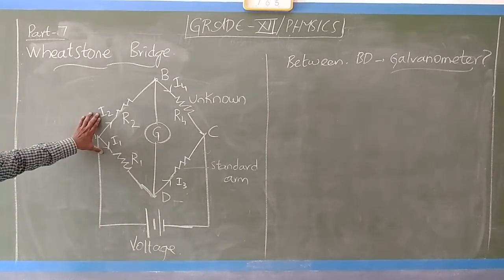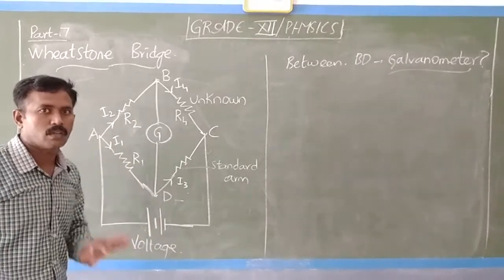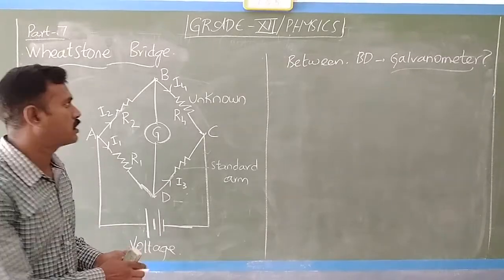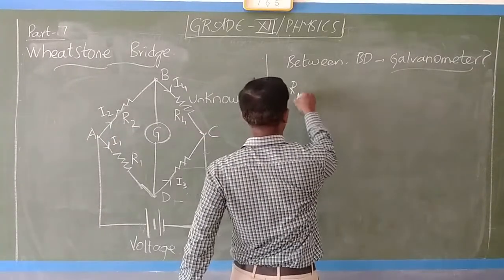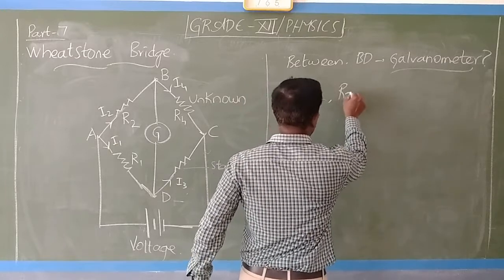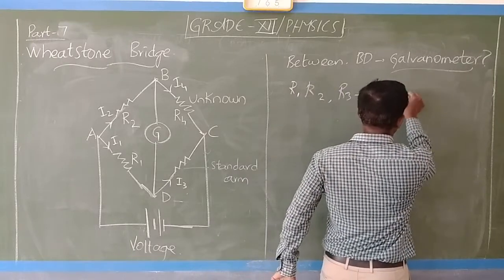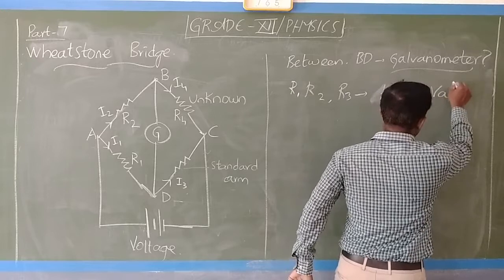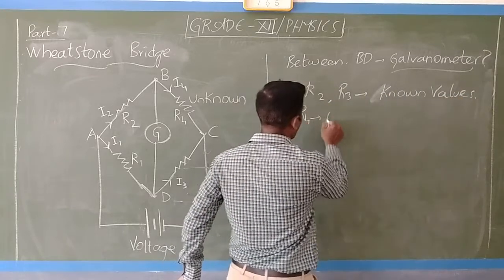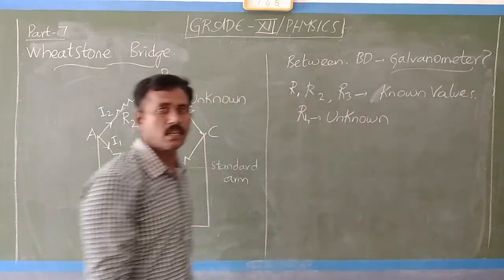In this arrangement, 4 resistors are connected. Among the 4, 3 values are known and 1 is unknown. R1, R2 and R3 are known values, and R4 is the unknown value.